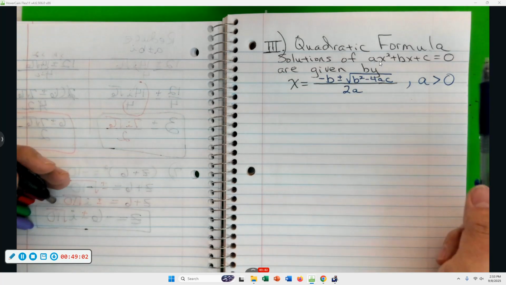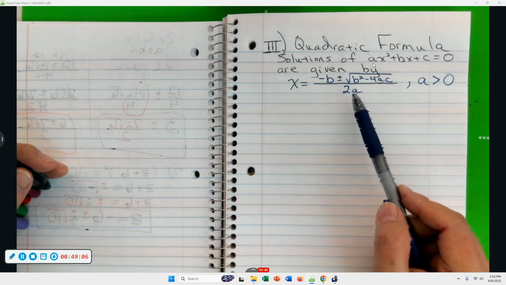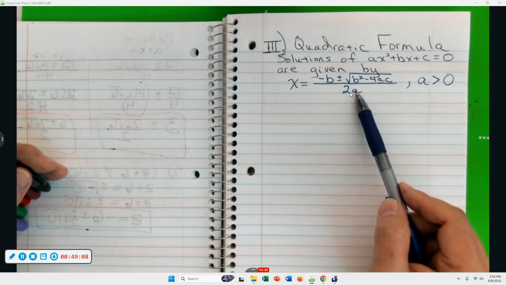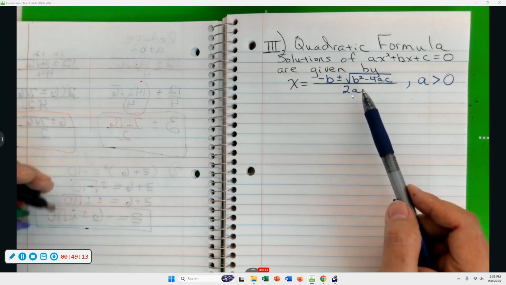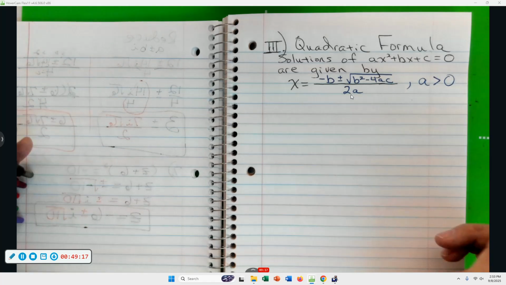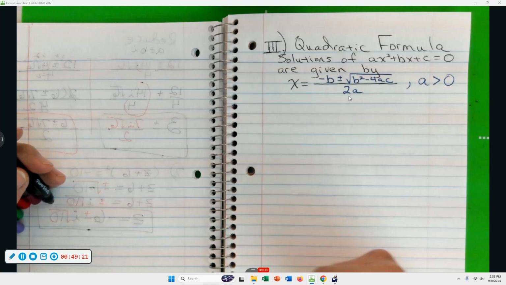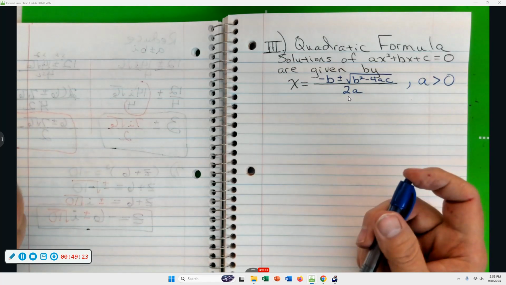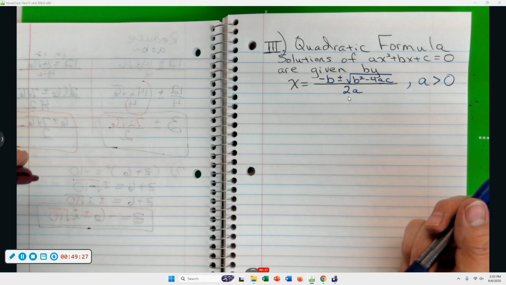It's desirable to always have the a value be positive, because 2 times a, if a were negative, you'd wind up with a negative number in the denominator, and that would require more reduction. So just follow my advice. Always make sure the a value is positive, and you'll see how we do that when it isn't as we move through these examples.